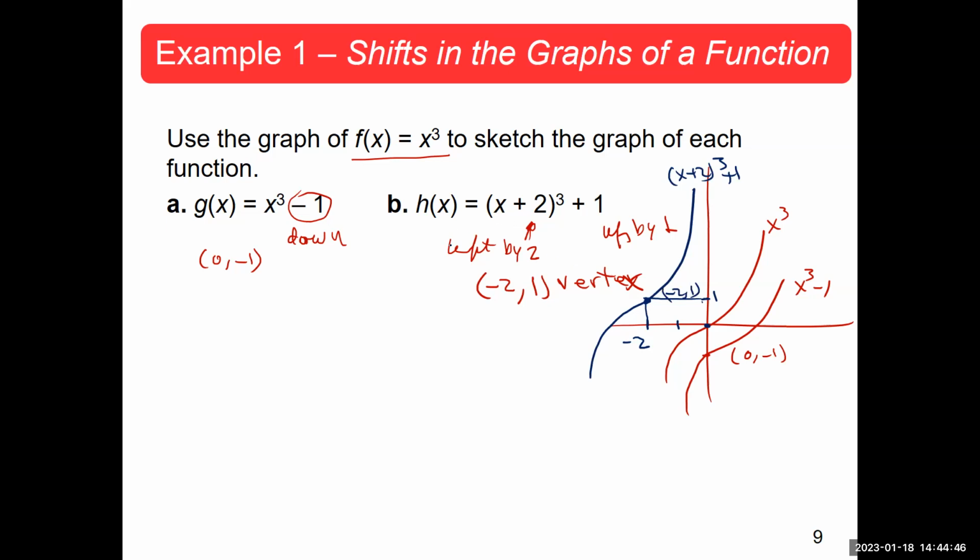Now let's plot another one on the same example.